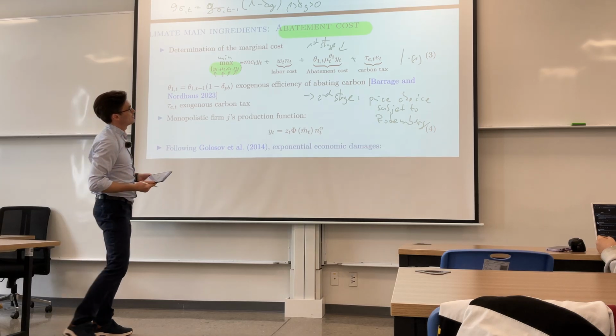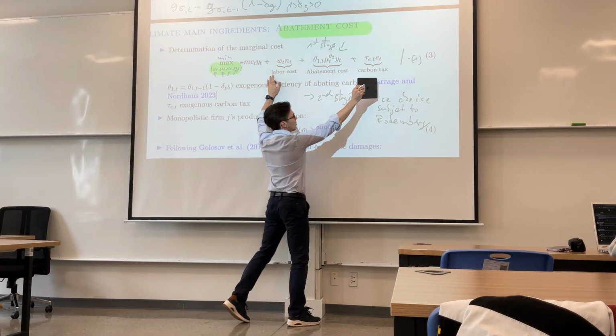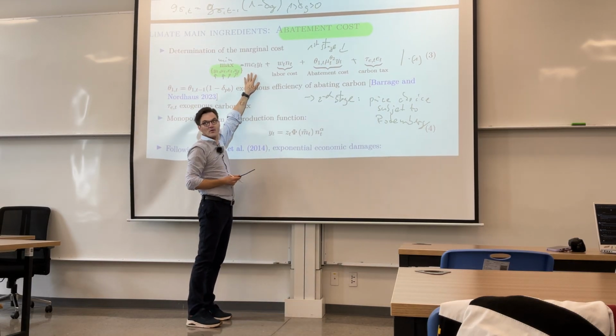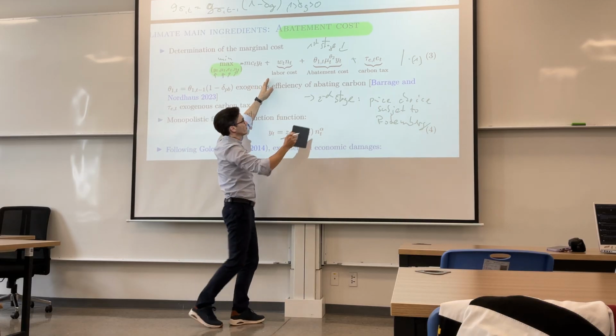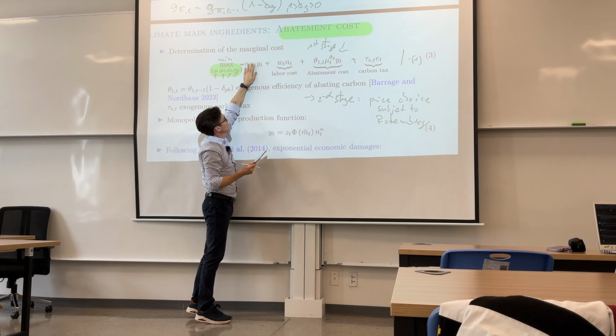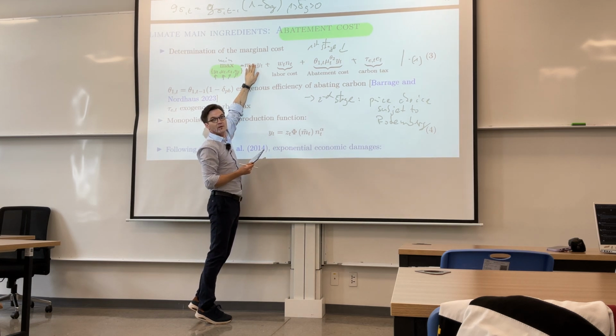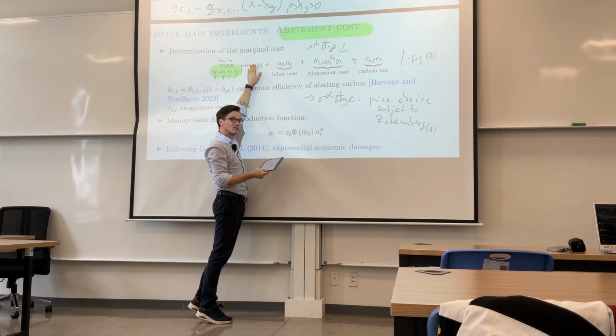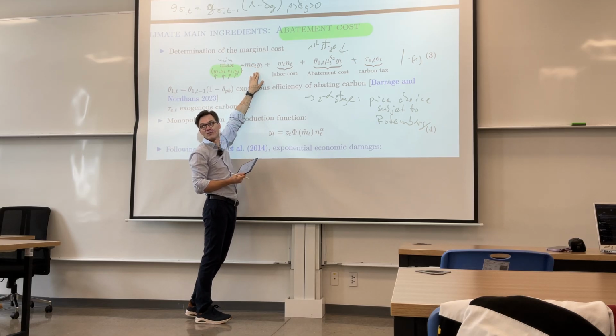Now you're minimizing your costs, but you have to keep in mind that you want to produce. So this is cost minimization subject to the constraint that you want to produce as a firm, where MC is the Lagrange multiplier on the production constraint that is going to coincide with marginal costs. It's a standard cost minimization problem.